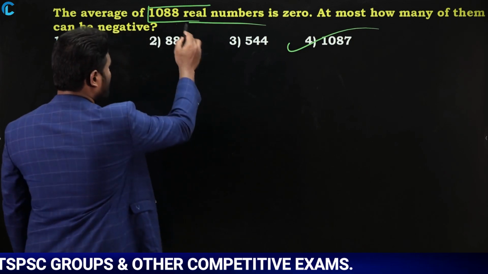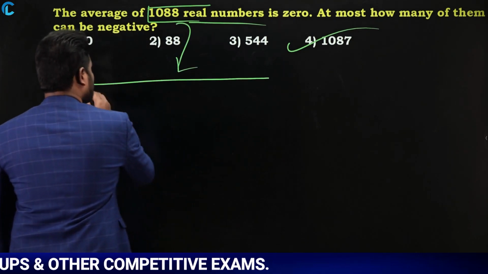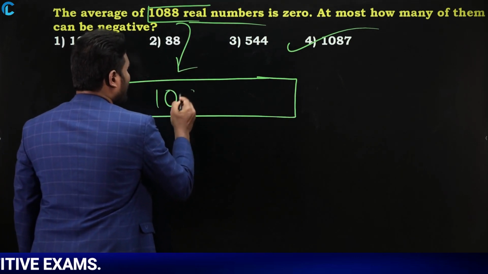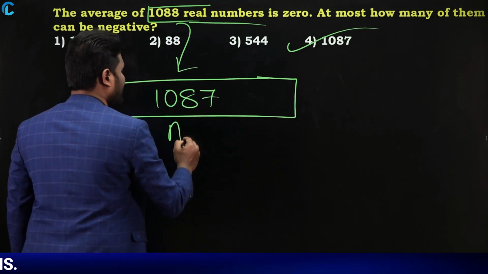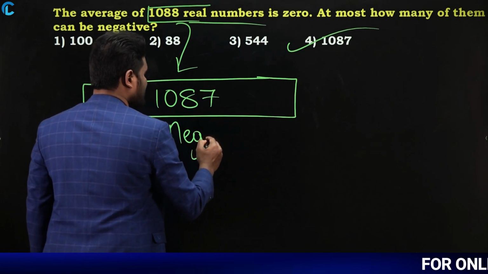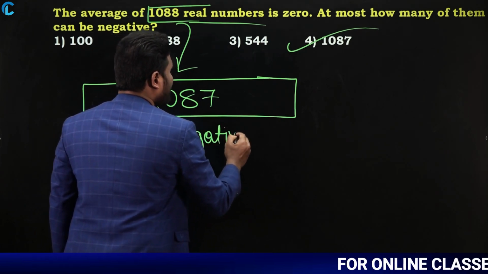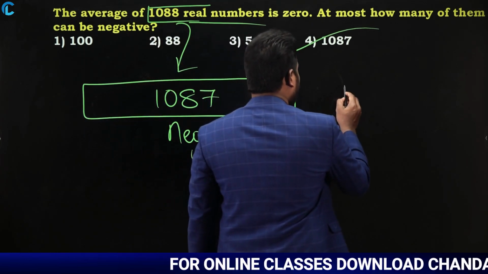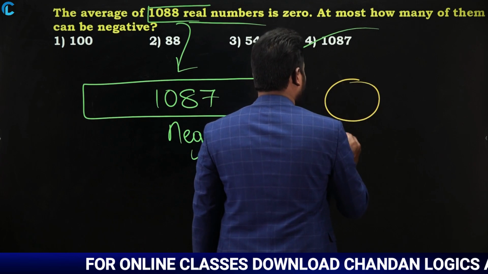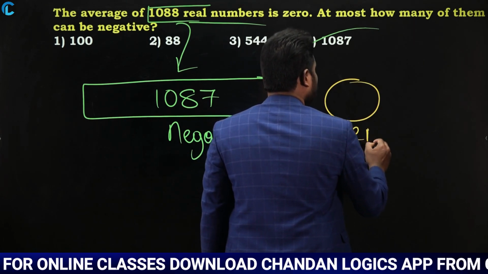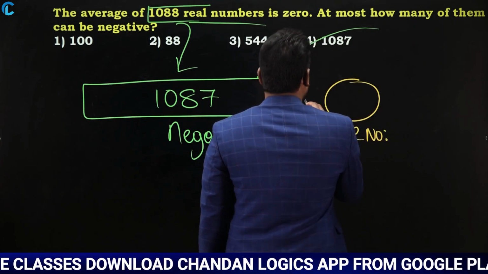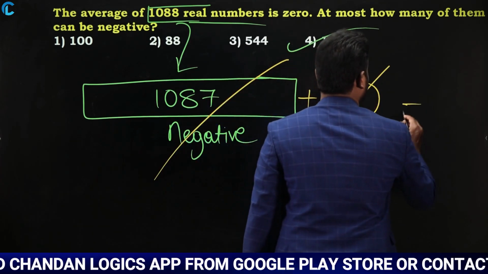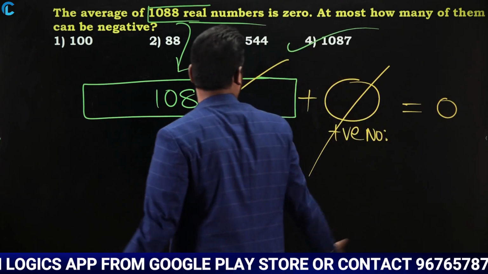Why? Because out of these 1088 numbers, if I take 1087 numbers as negative numbers, and the last number as a positive number, then when I add them, the negative and positive get cancelled and the sum will be equal to 0. Yes or no?